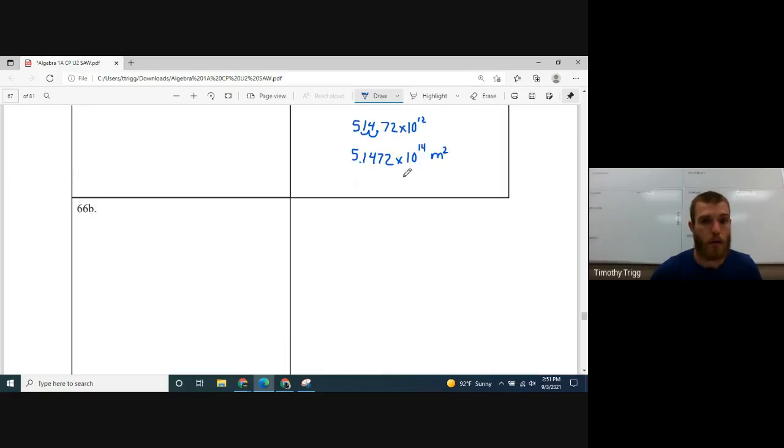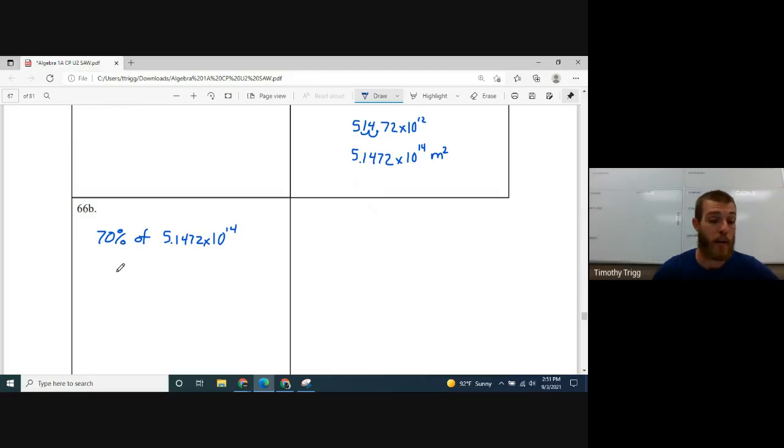Okay. So we want 70% of this. So how do we find 70% of a number? So essentially we're doing 70% of the surface area. So 70% of 5.1472 times 10 to the 14th.